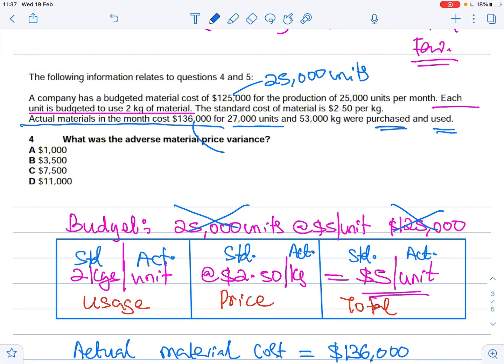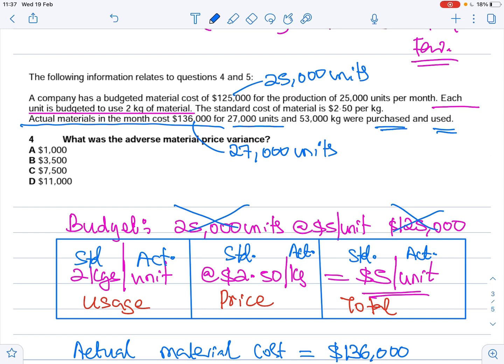You have 27,000 units. So you cannot be comparing the cost of 25,000 units with the cost of 27,000 units. You have to compare apples with apples, oranges with oranges, not apples with oranges. It will not work out that way.